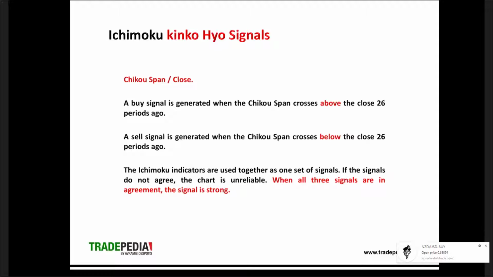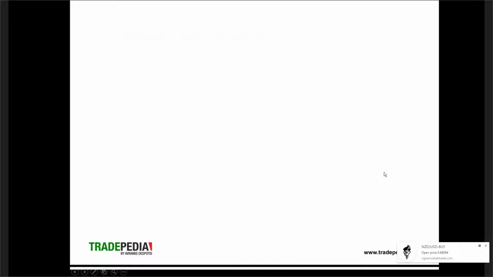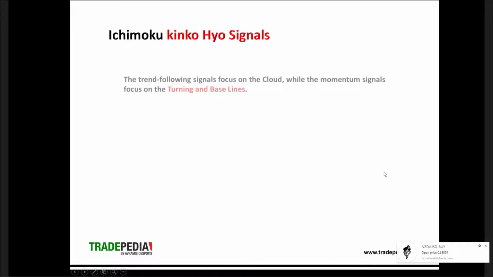If the signals do not agree, the chart is considered to be unreliable. When all three signals, or all five as we saw them, six, are in agreement, then the signal is strong. That's the main way it's interpreted. So it's seen as one set of signals.